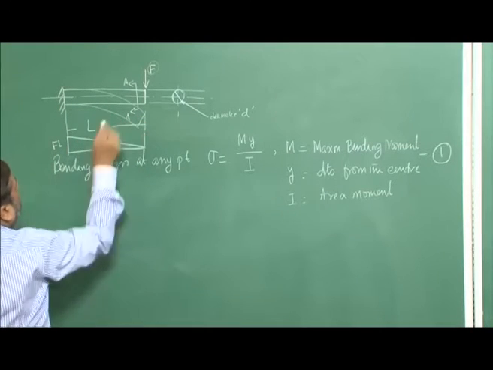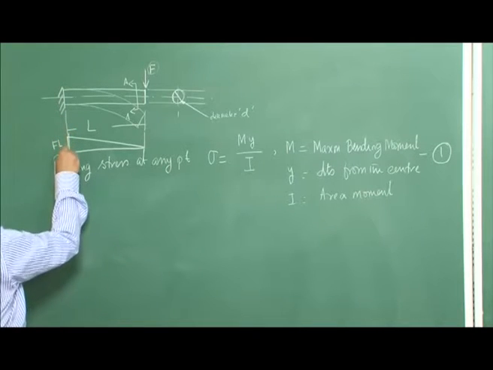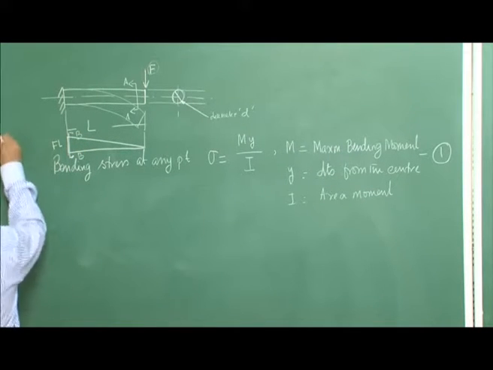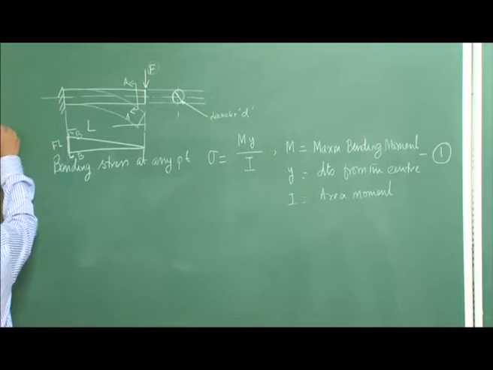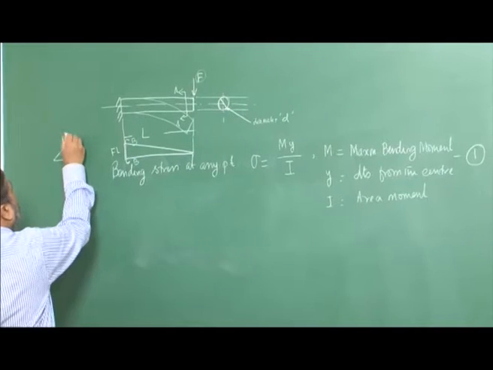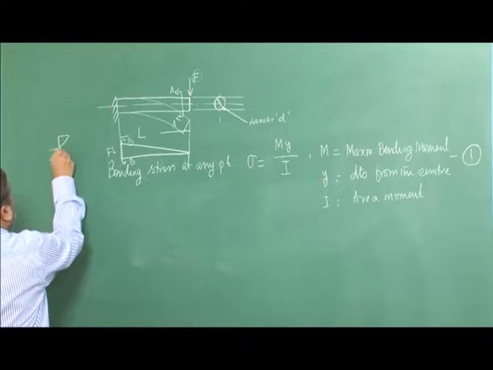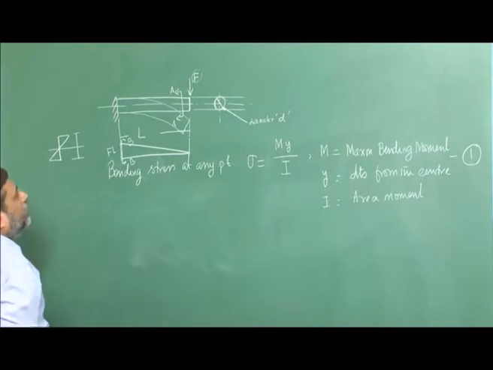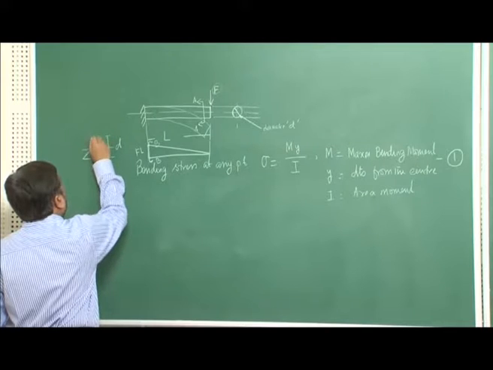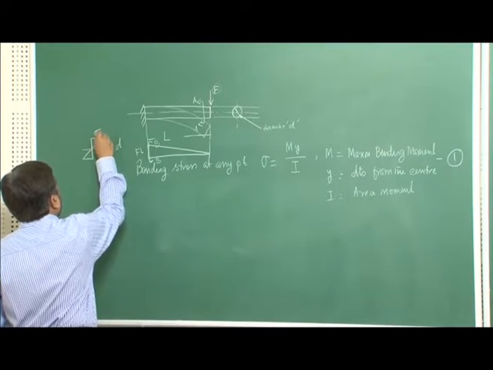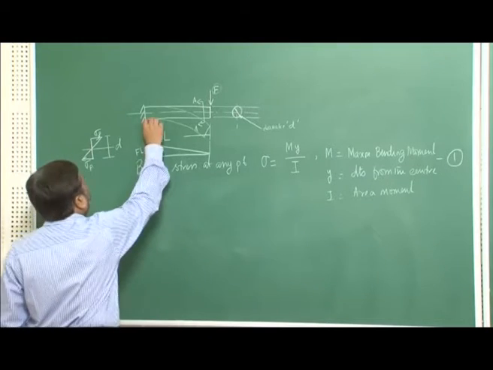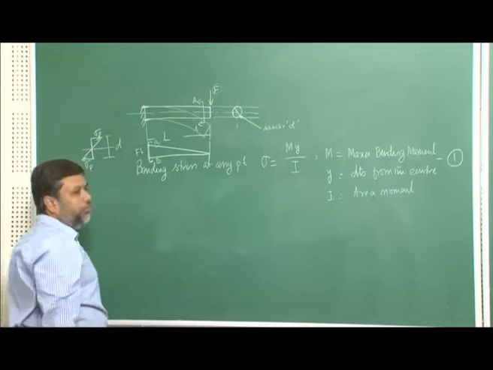If I consider a section very close to the support, say BB, and look at the state of stress, this is the bending stress, with total distance equal to the diameter D, and the maximum stress, sigma peak, happens at the two extreme fibers, at the two edges of the beam.